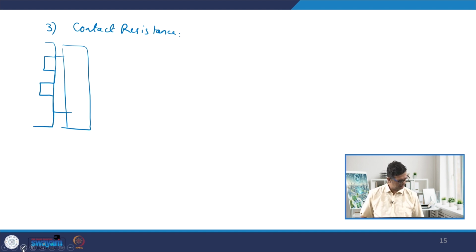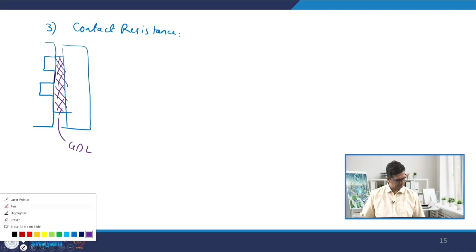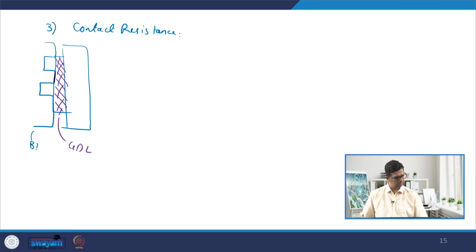As you can see, this is where we have the electrode and the bipolar plate interaction. So, this is our GDL, and this is the bipolar plate. This is where the contact is.